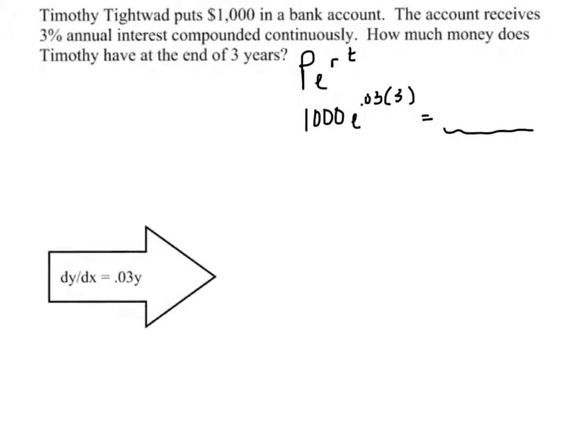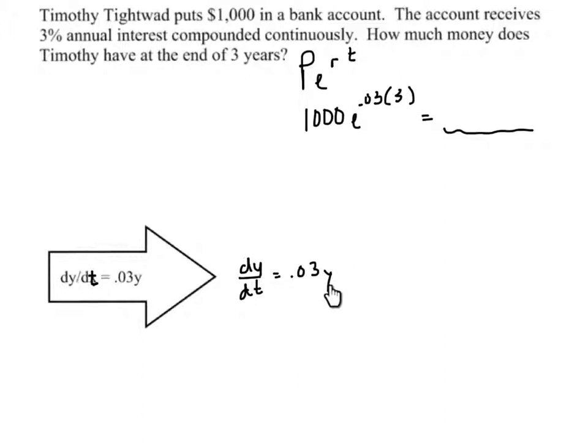But again, I just want to show you where that came from. So let's say I'm going to change this instead of x to be a t, to stay consistent with the formula. Let's say dy/dt is equal to 0.03y, which goes to the fact that something is compounding by this percent interest based on what you had before.